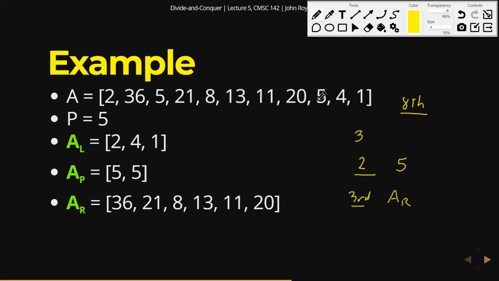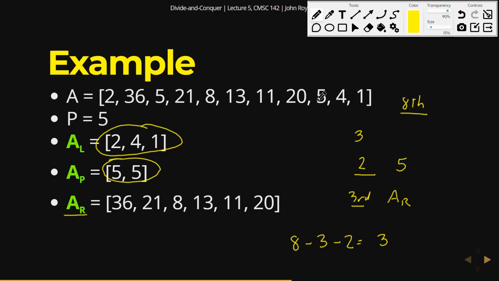Again, how did we get 3? So that's 8, but we know that there are 3 items here in A sub L, so minus 3. There are 2 items in A sub B, so minus 2. So that would be the 3rd item in A sub R. Because we know that we cannot find it in A sub L nor in A sub B, because it's not enough, right? We were looking for the 8th, and A sub L plus A sub B only has 5 elements so far.